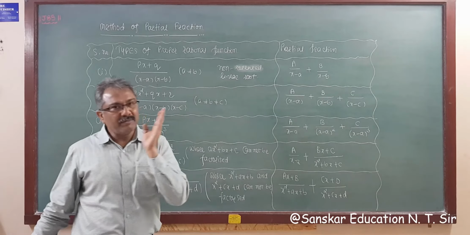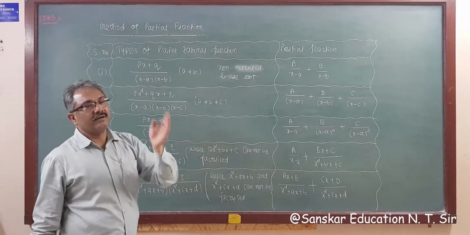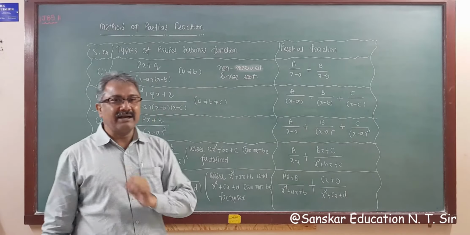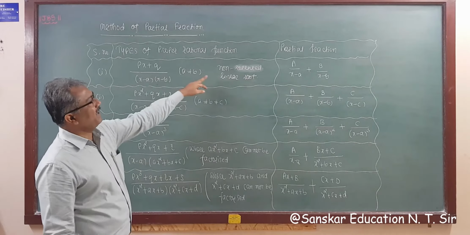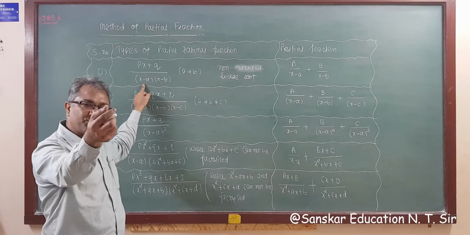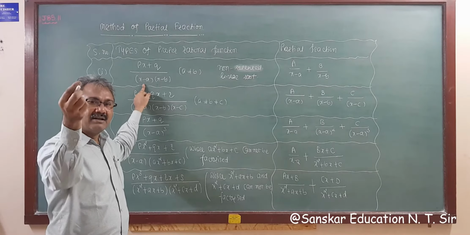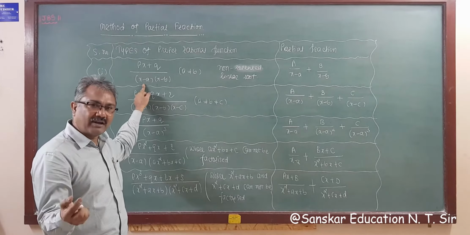But remember one thing, why do you have to apply this partial fraction method? It's a proper rational function and the denominator should be factorized. And if there are non-repeated linear factors, then take one constant for one factor, plus another constant for another factor, plus a third constant for the third factor, plus a fourth constant for the fourth factor.